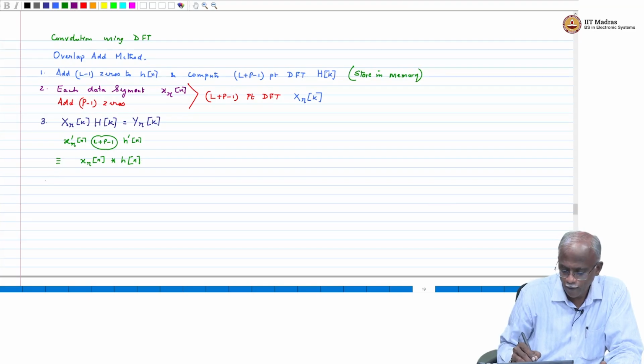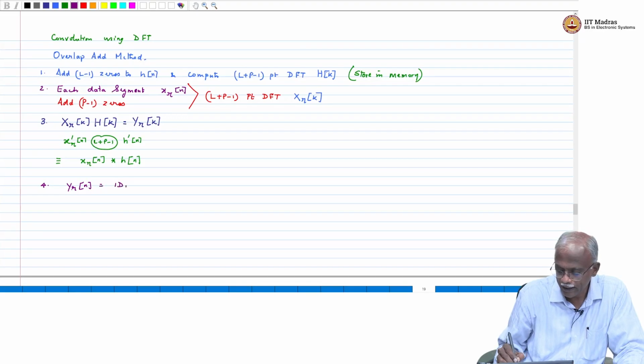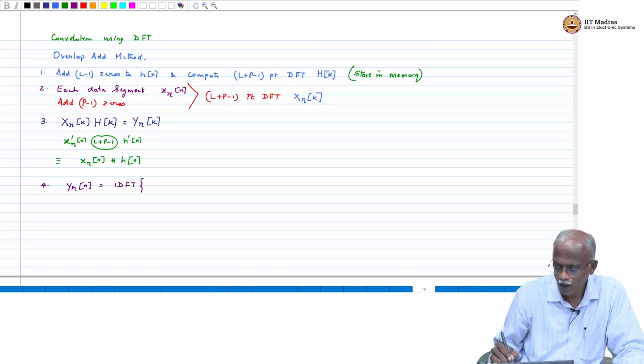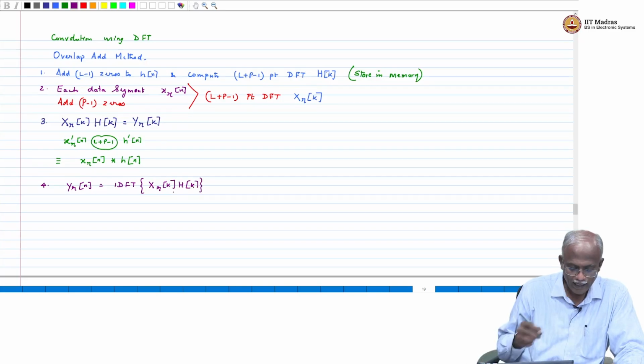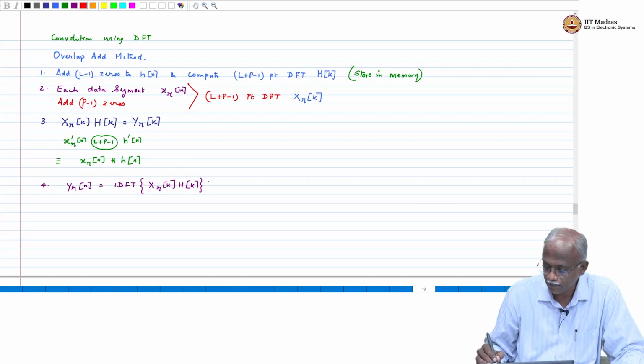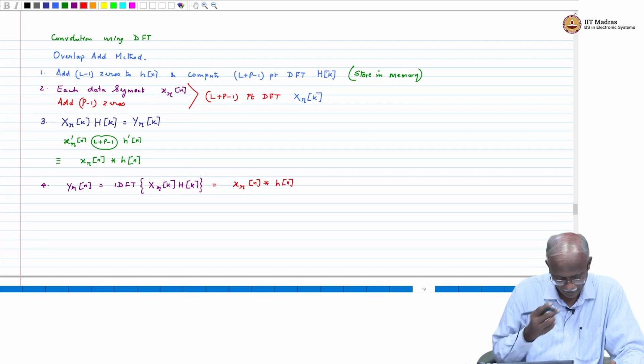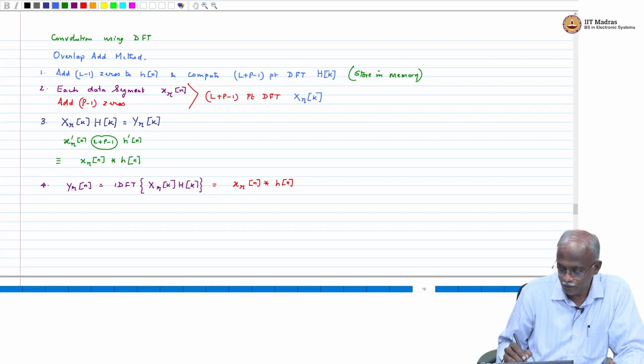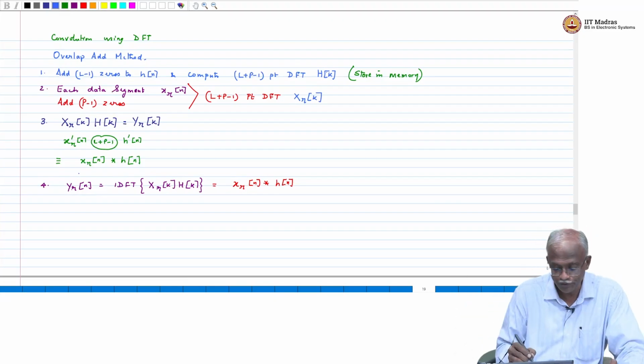So step 4, we take the inverse DFT of Y r of k. So y r of n is equal to IDFT of X r of k times H of k, and this is nothing but x r of n linear convolution with h of n. And then each of these segments you just have to shift and add.